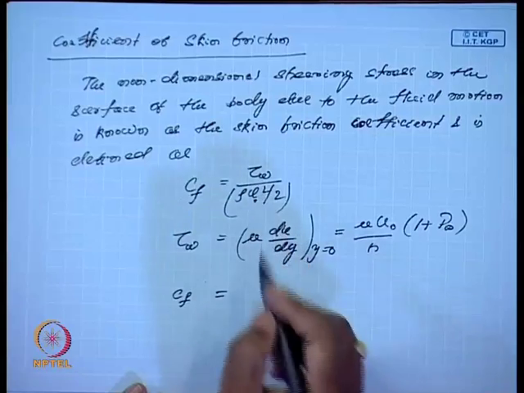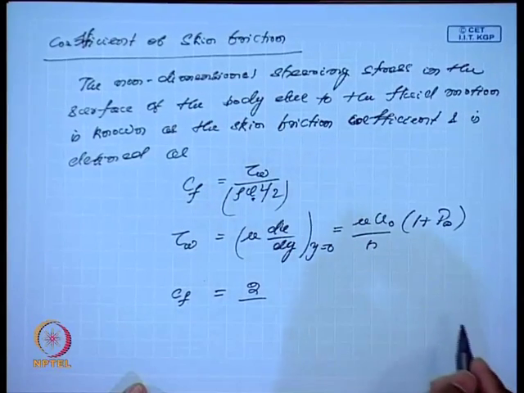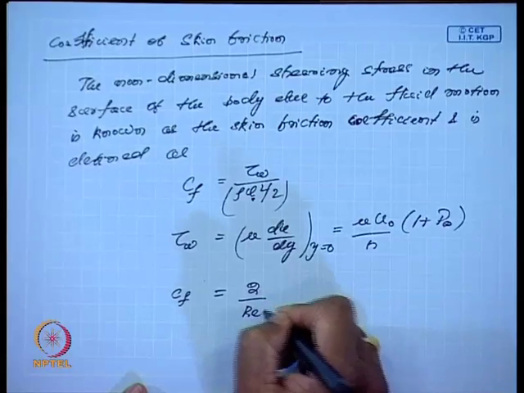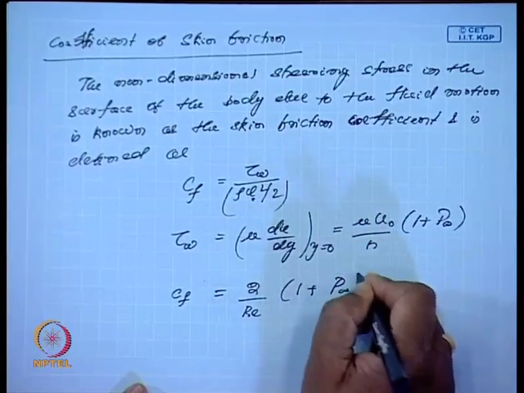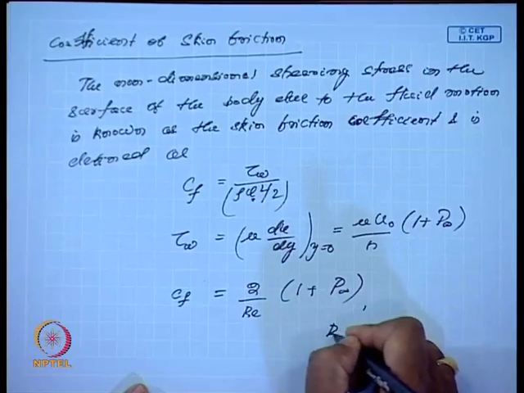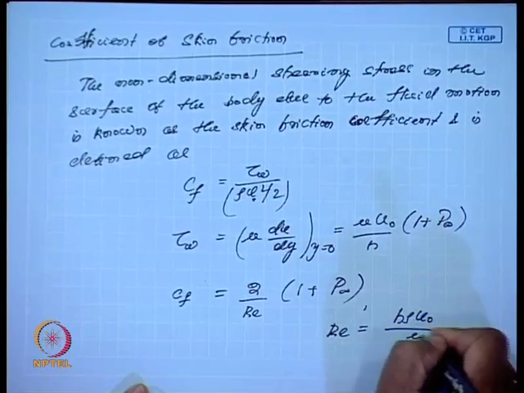And then in the process my Cf will be, if I substitute for tau w here, 2 by Re into 1 plus p infinity, whereas my Re is h rho u naught by mu.